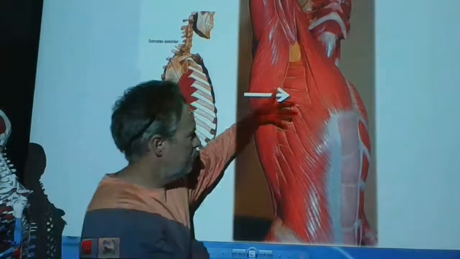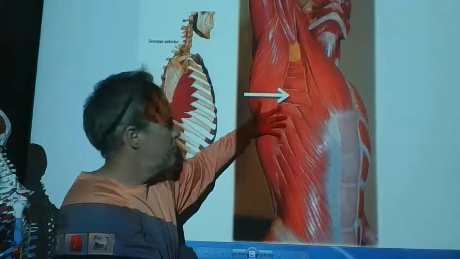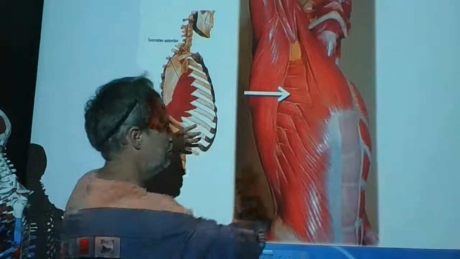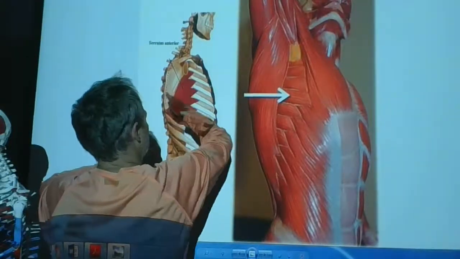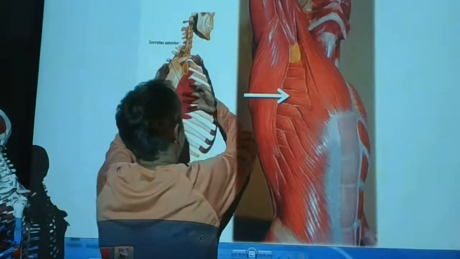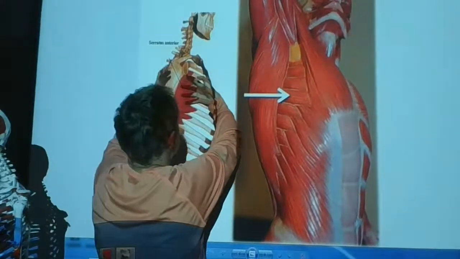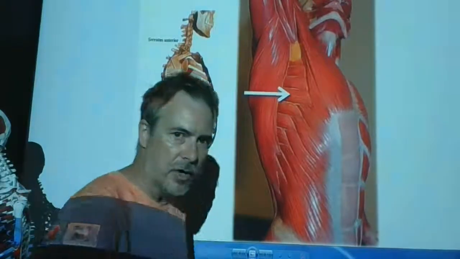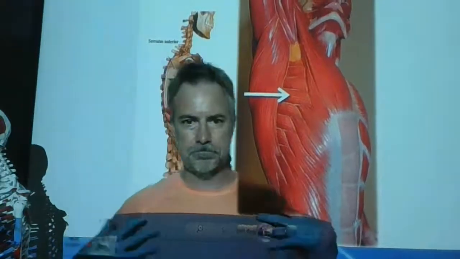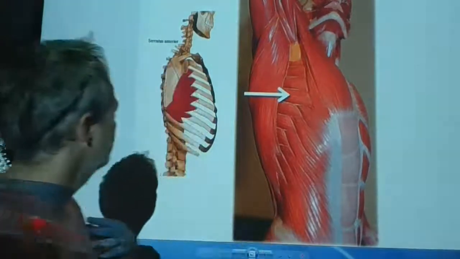So again, serrated blades, serrated edges, you think like a knife, serrations, serratus anterior. This muscle goes from the ribs to the vertebral border of the scapula, and its function primarily is to pull the scapula forward in a direction of protraction, a scapular protractor.